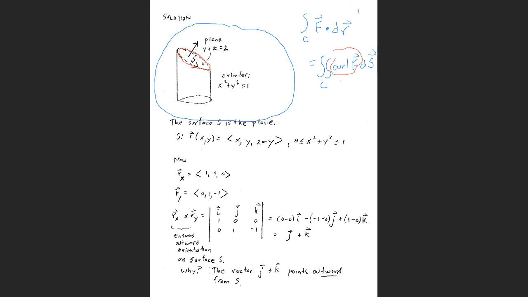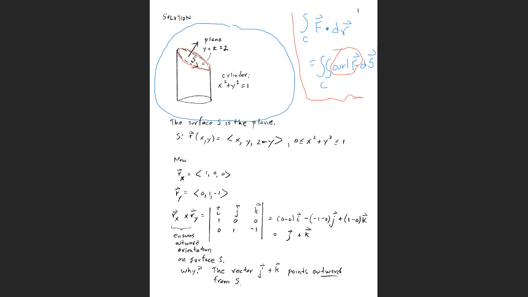Now again, this is not always true, right? This theorem is for the special case where you have a closed curve, and you're working in three-dimensional space. So theorems like Stokes' theorem and Green's theorem are not always applicable. It depends on the situation. And that's one of the things for your final exam that you're going to have to recognize. Given a situation, do you know what theorem to apply?